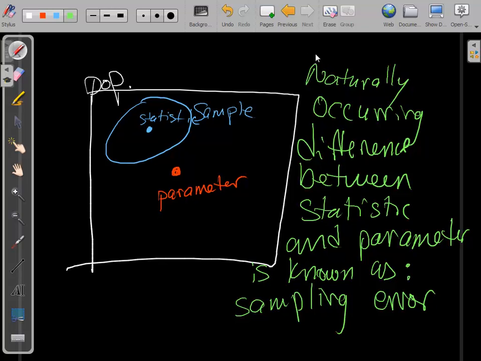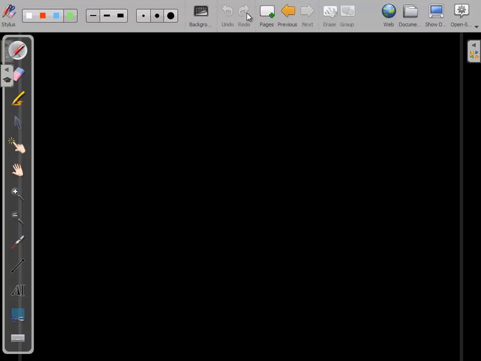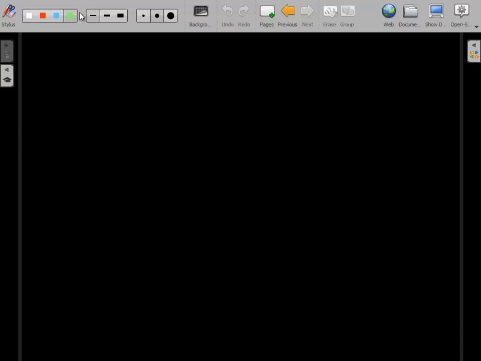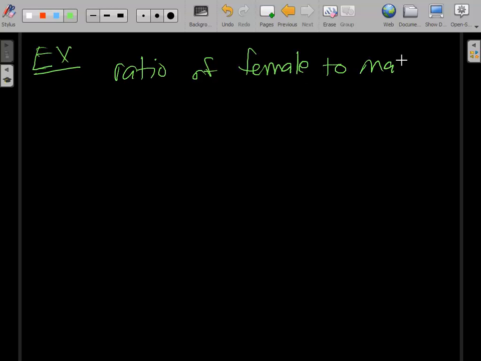Okay, so let's take a look at some examples of playing around with the idea of a population and parameter and sample and statistics. So here's our example. Okay, we want to look at the ratio of female to male elementary students.